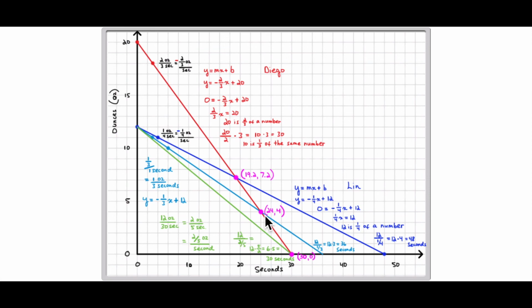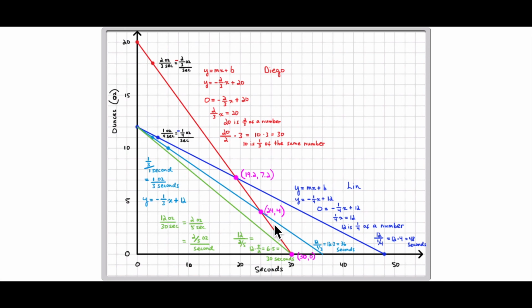In this case, this is a faster rate, so it takes Diego longer to catch Lynn. So he catches Lynn down here at 24 ounces. They both have 4 ounces left to drink, but Diego's drinking faster, so he finishes his drink before Lynn finishes hers.